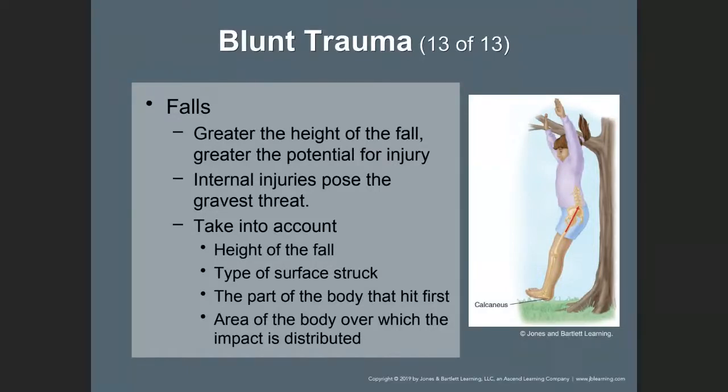So the greater the height of the fall, the greater the potential for injury. Internal injuries pose the gravest threat. Take into account the height of the fall, the type of surface struck, the part of the body that hit first, and the area of the body over which the impact is distributed.